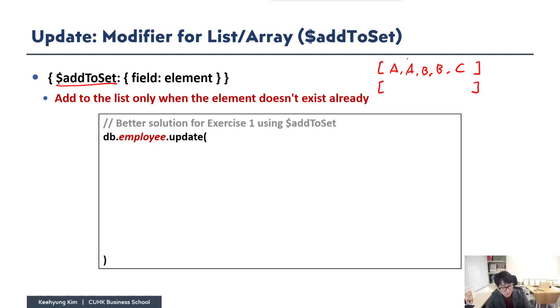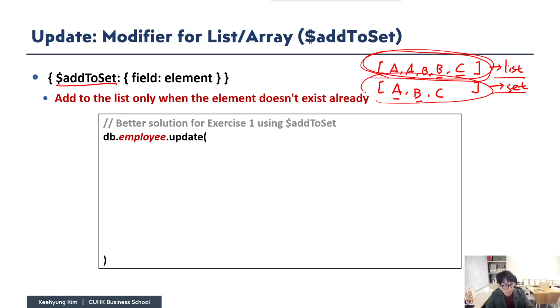So if this is a list and we change this list into a set, it becomes A, and A is already here, so we don't add. And B is already here, so we don't add again. C, like this. So basically, that's the difference. A list is a data type with many elements. And a set is a data type with elements where there's no duplicate.